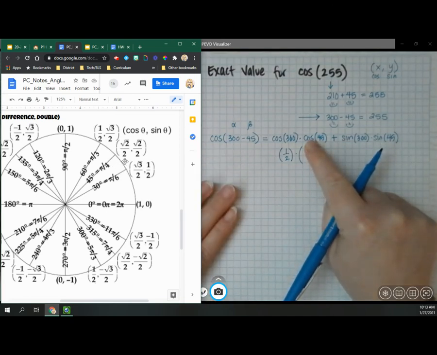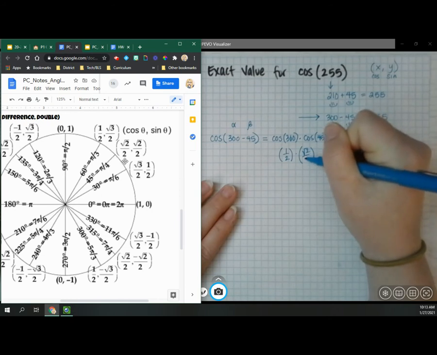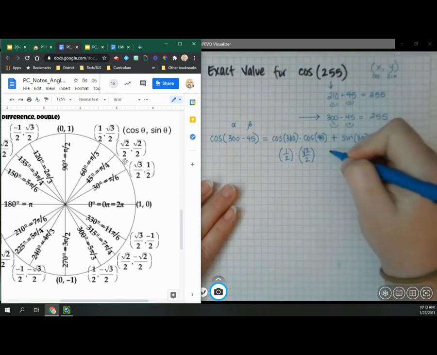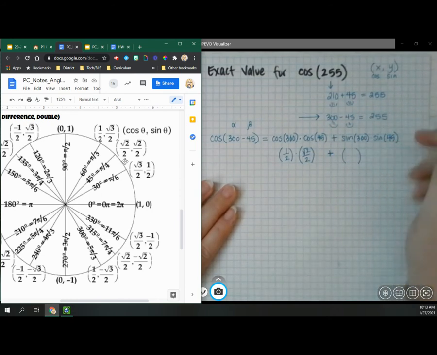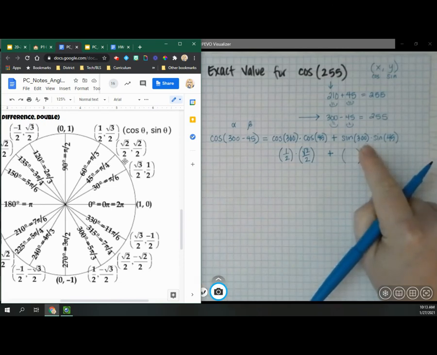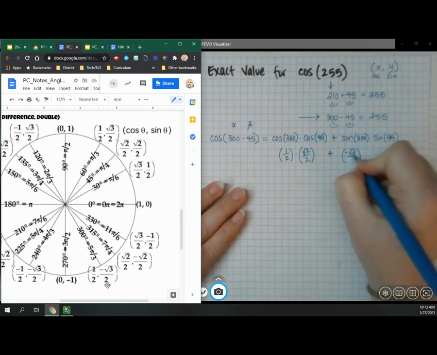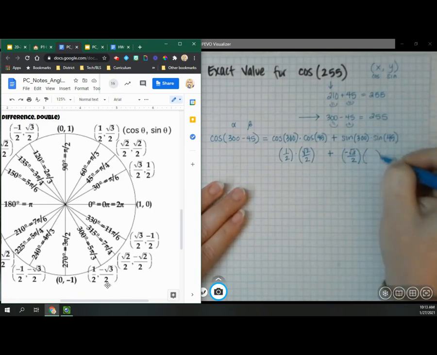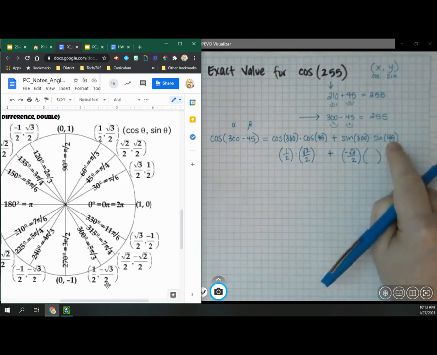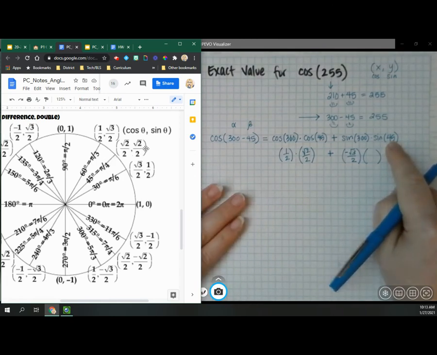That's a positive root 2 over 2. And my formula says plus sign. Then I have another one, sine 300. Let's look at 300 and get that y value, negative root 3 over 2. And then the last one, sine 45. Let's look at 45 degrees. And sine is the y coordinate, root 2 over 2.